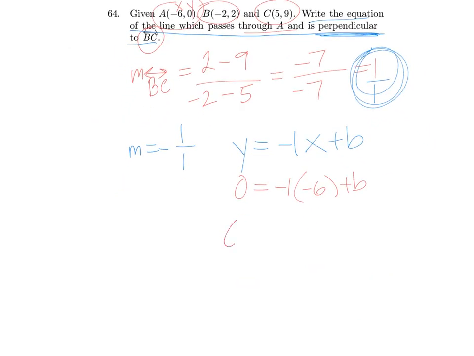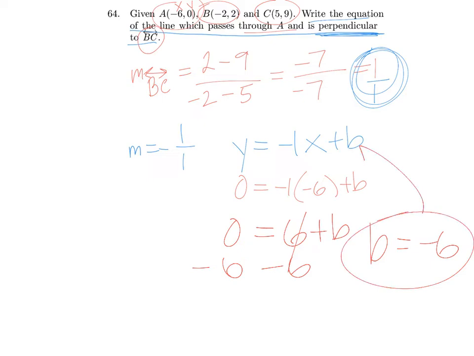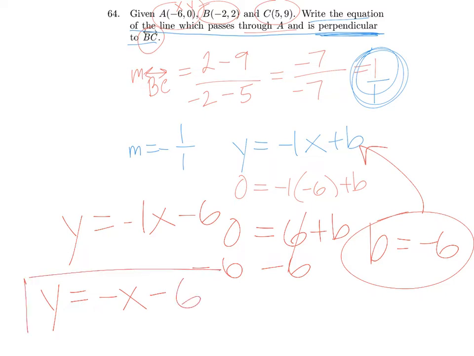All right, and I have 0 is equal to 6 plus b. I'll subtract 6, and b is equal to negative 6. Take that and plug it in. So I have y is equal to negative 1x minus 6. And if I polish it up, I have y is equal to negative x minus 6. Done.